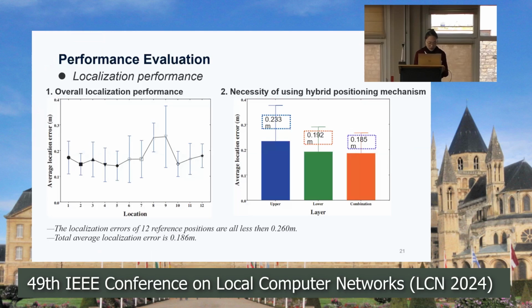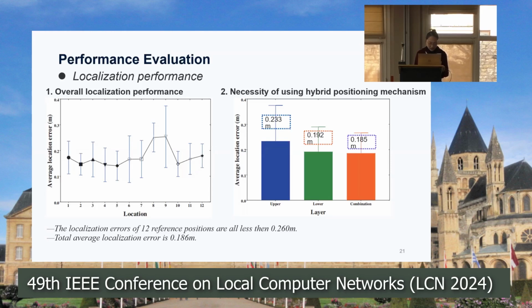First, let's check the overall localization performance. The localization errors of the 12 reference positions are all less than 0.26 meters, and the total average localization error is 0.186 meters.